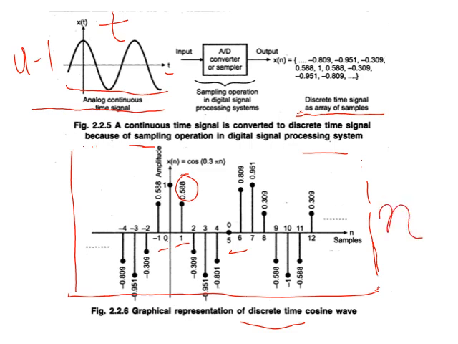The device which does this is known as the A to D converter. This discussion will help you understand the difference between continuous time signal and discrete time signal.